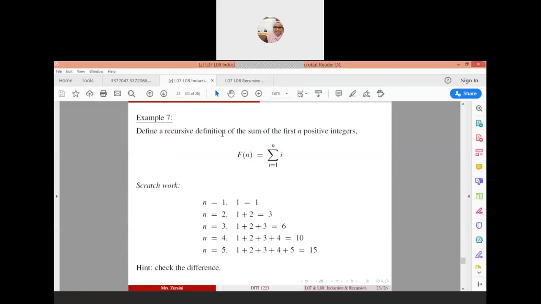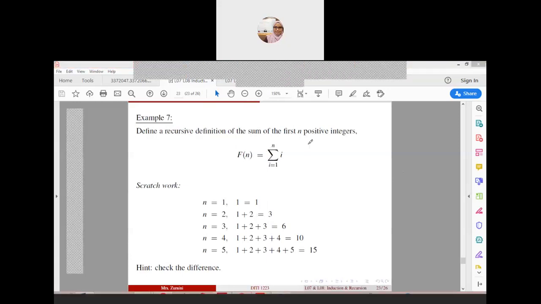Define a recursive definition of the sum of the first n positive integers. Okay, for F_n is equal to, what is this symbol? This symbol is called summation. This is summation from 1 to n, i. What this summation means is when n is 1, it is 1, equal to 1. When n is 2, summation means adding, so when n is 2, we add 1 plus 2, which equals 3.